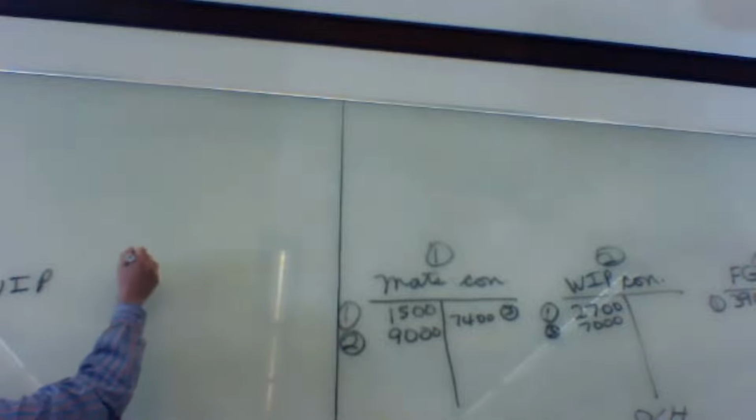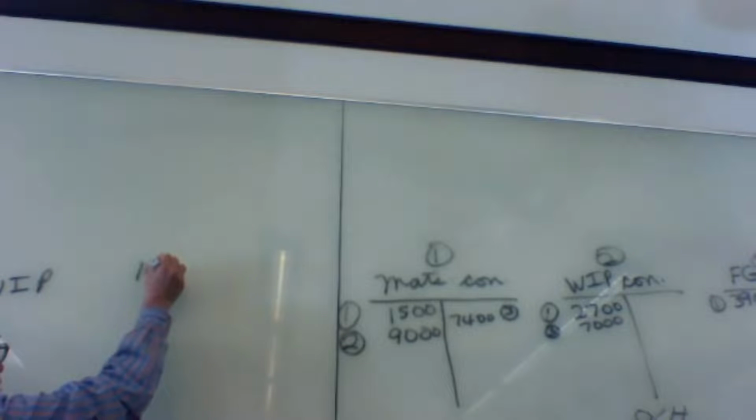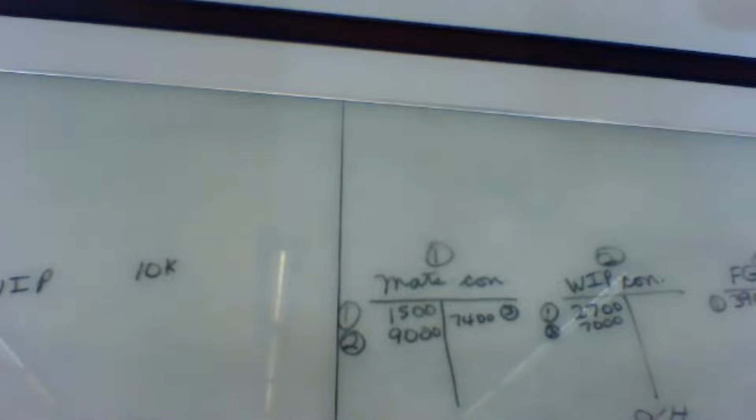$10,000 is right there. Then, when it comes to the indirect labor, like any other indirect cost, it's part of overhead. So we'll debit that to overhead, 2,000.